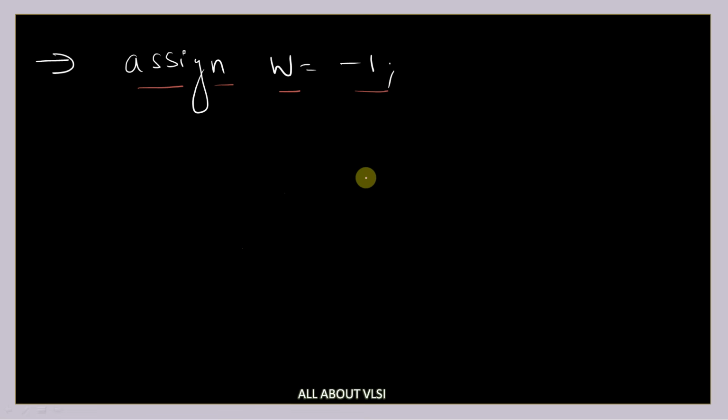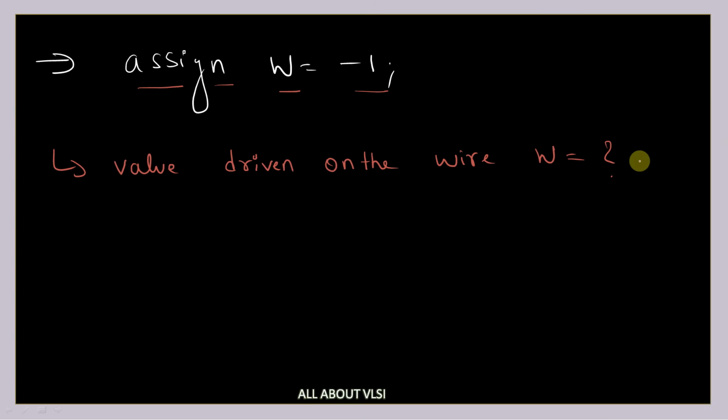Then what value will be driven on this wire? Can anyone tell me? If I'm not getting any compilation error, and I display the value of the wire, what will be the value that will be displayed? What is going to happen is the compiler is going to perform 2's complement on this number.